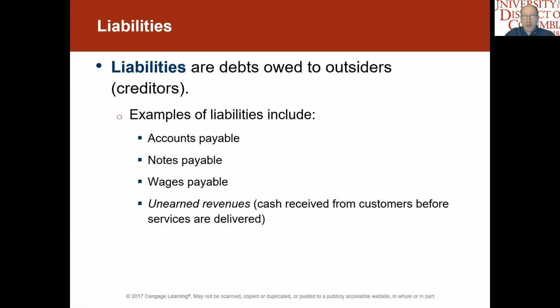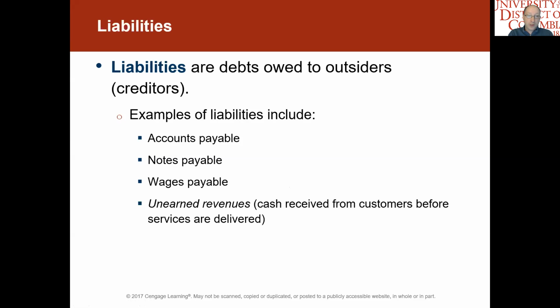Liabilities, as you know, are things owed by the business to outsiders, also known as creditors. These include things like accounts payable. Accounts payable are bills I have received but not yet paid. Notes payable are loans that the business has taken out and has not yet paid back.